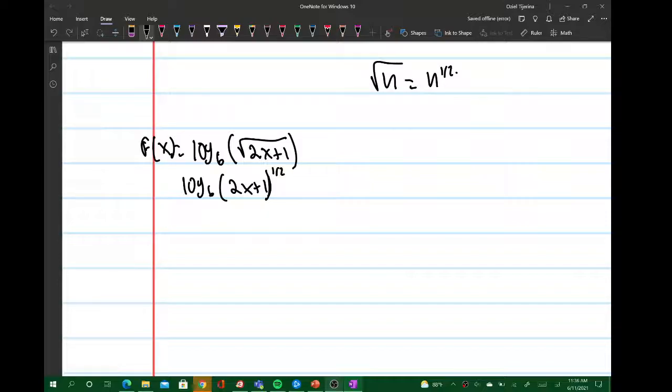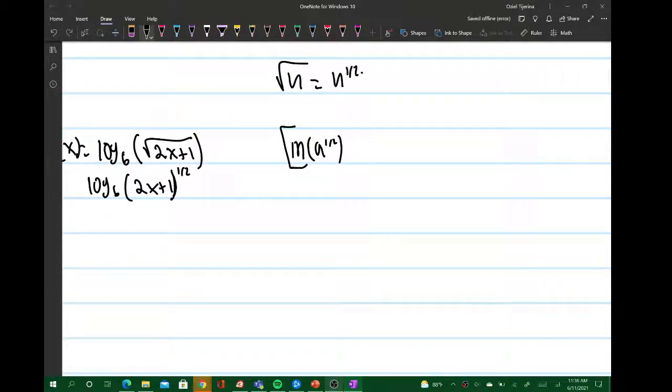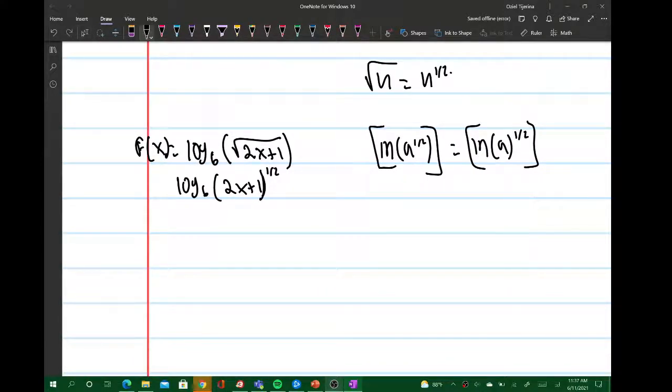And really, if you think about it, log base b of a to the x over y is really log base b of a to the x over y, but you have to make sure that you put brackets on it.